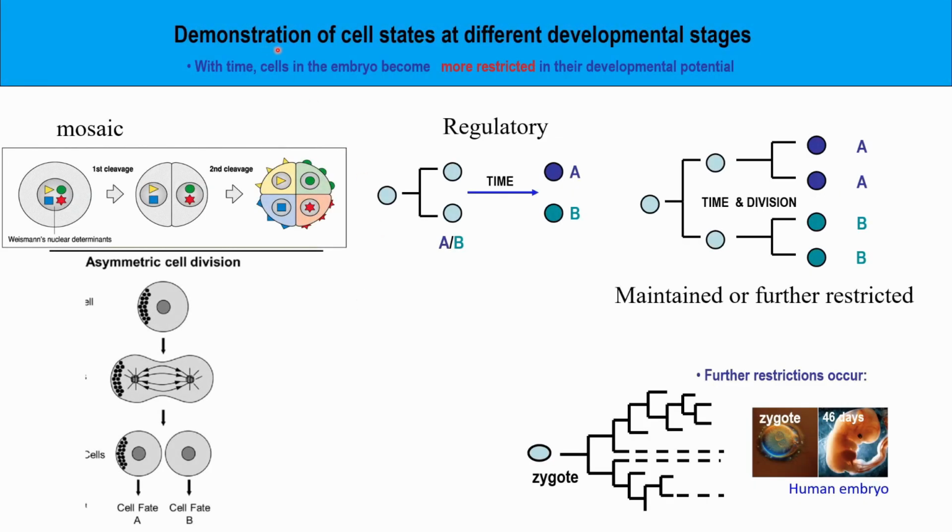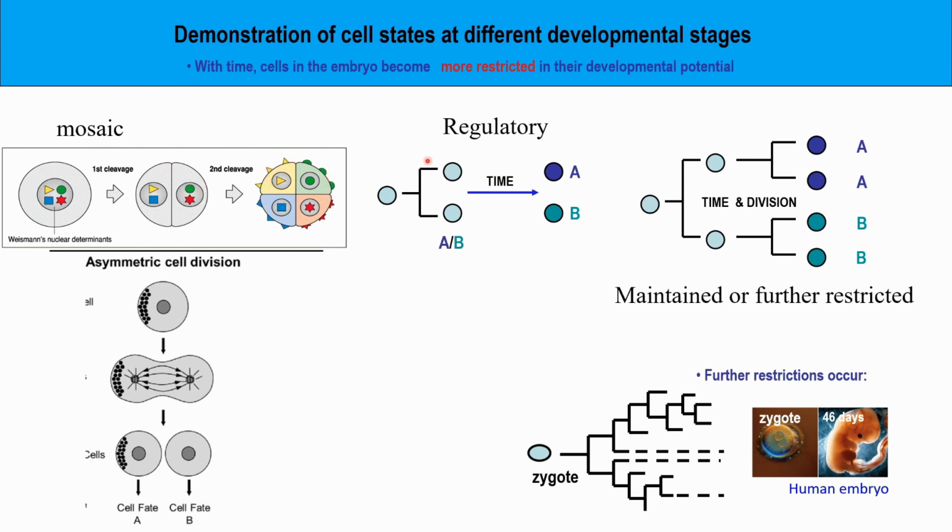So we could demonstrate that there were specific cell states at different developmental stages, and that with time, the cells in the embryo become more restricted in their developmental potential. This was true whether the embryo had a more mosaic or regulatory style of development. A mosaic model has nuclear determinants that are shared unequally between cells as they divide, giving rise to new identities after division.